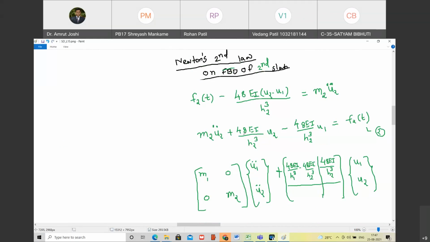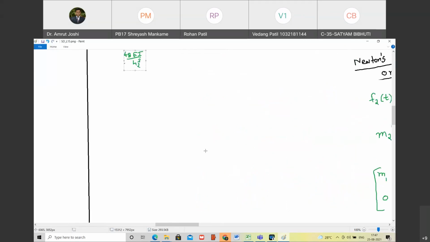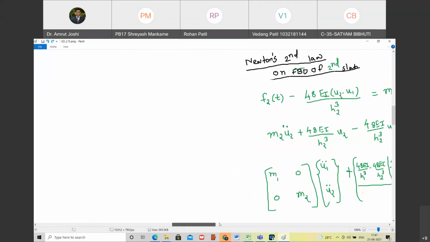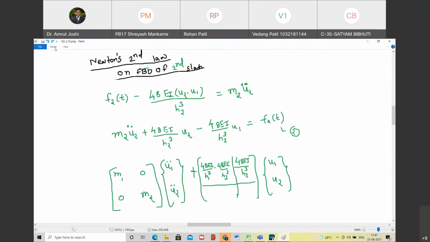Then in the second equation, I have 48 EI upon H2 cube. That's correct. And, no, 48 EI upon H2 cube. Suppose that is the coefficient of U2.